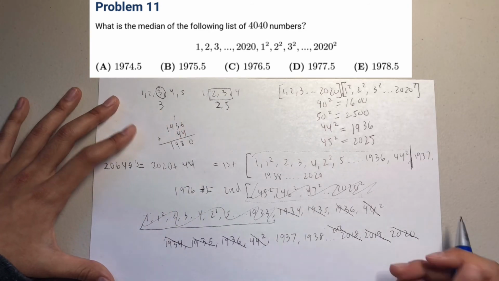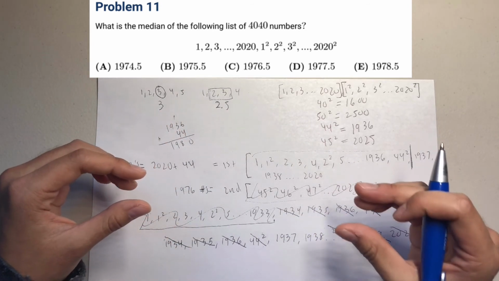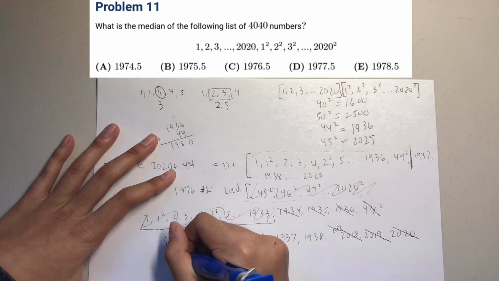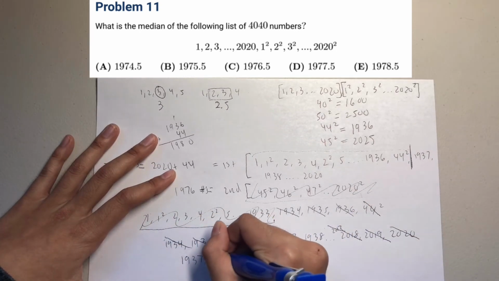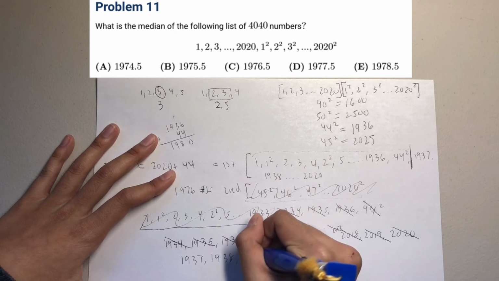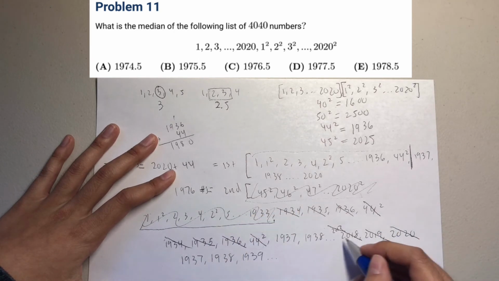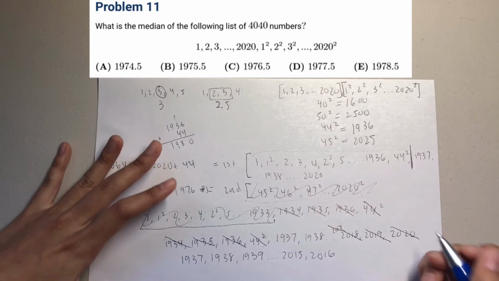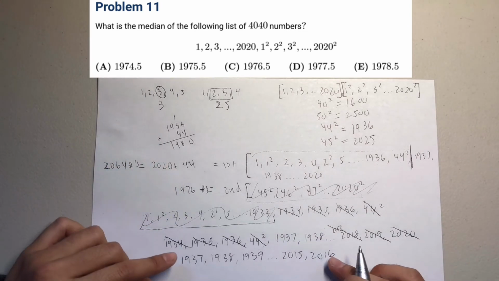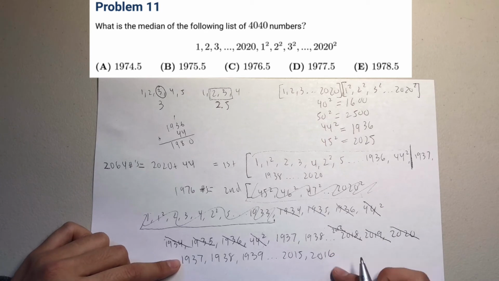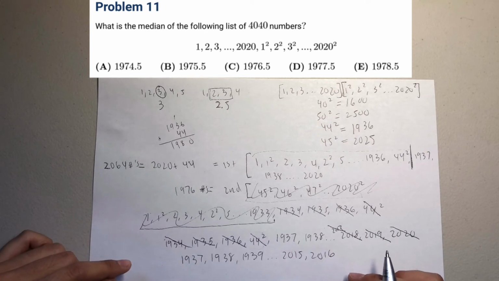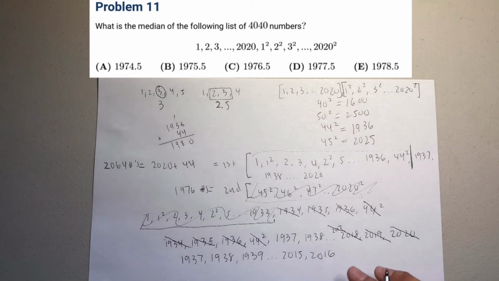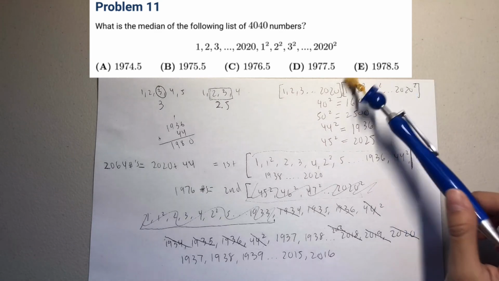Now we're left with an even smaller chunk of the middle part of the list. The final list would look something like this: 1937, 1938, 1939, all the way to 2016. Now what we have here is a list of consecutive integers, which is much easier to find the median of than this original list, which was out of order.